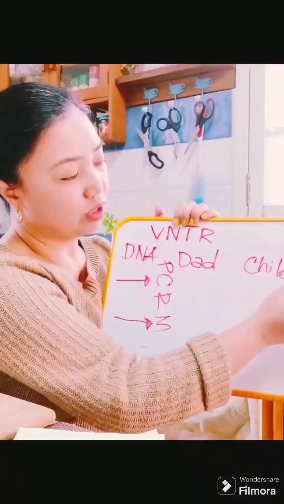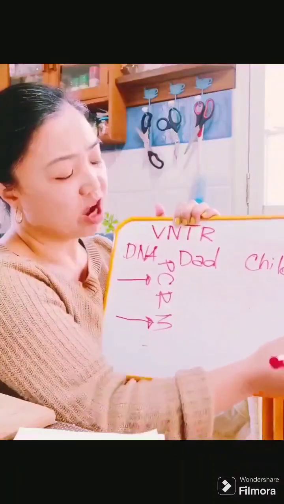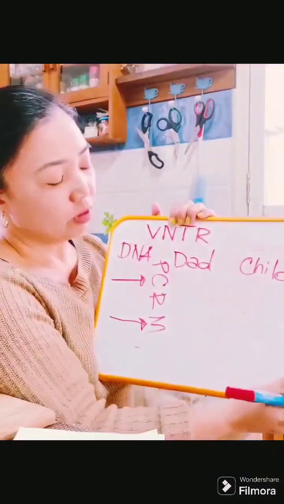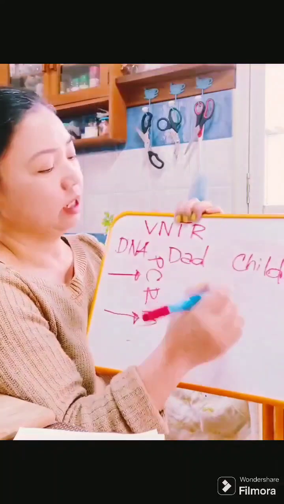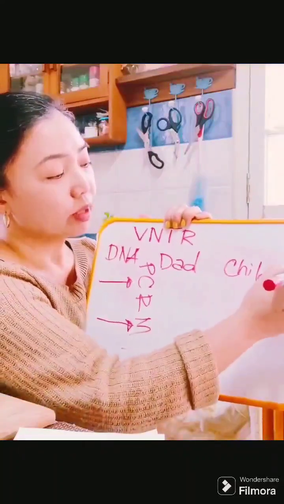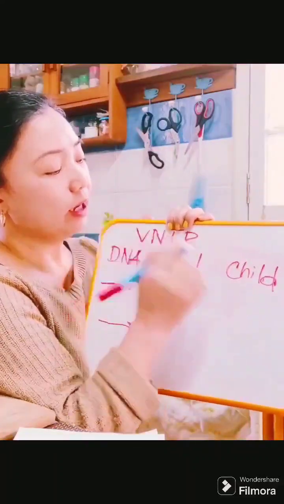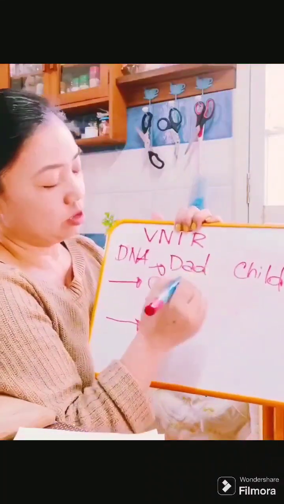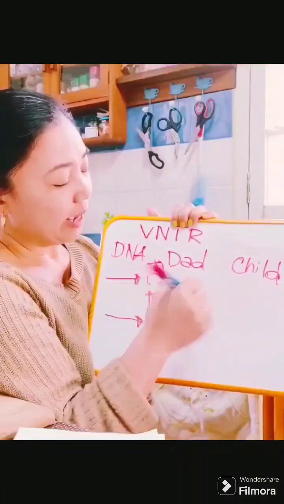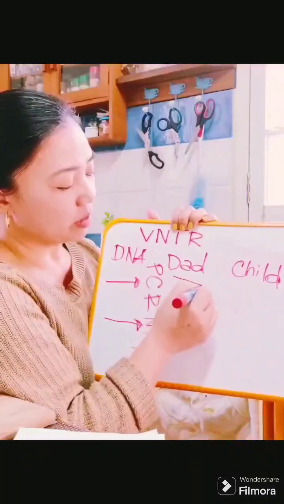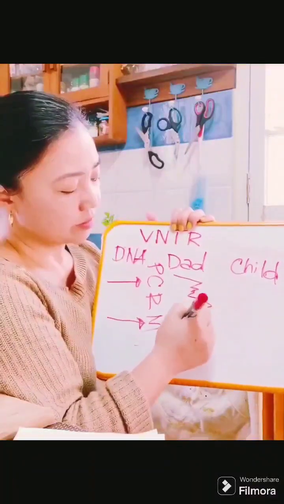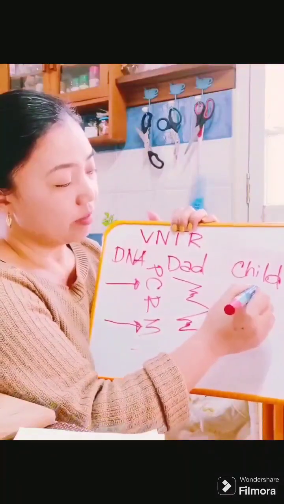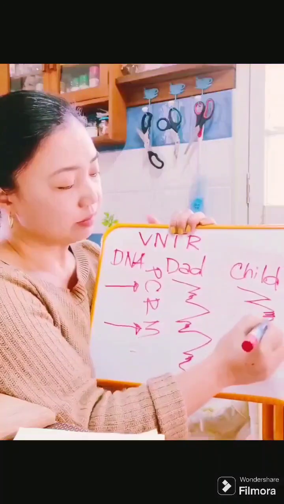Definitely, we also have the numbers 1, 2, 3, 4, 5, 6, 7, 8 to help us determine the VNTR, or variable number tandem repeats. So there will be lines represented. For example, the dad will be like these, and the child will be like these.